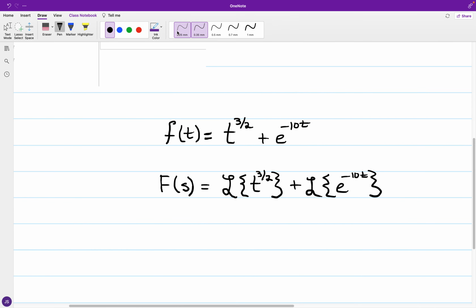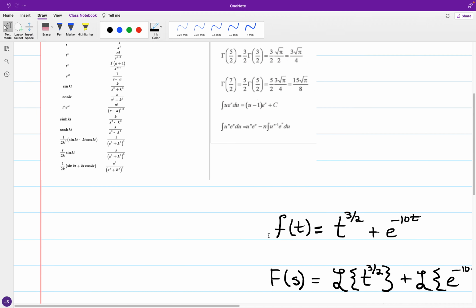For the Laplace of t to the 3/2, remember we use the gamma expression. In this case, we have gamma of 3/2 plus 1, which will be 5/2, all over s to the 3/2 plus 1, so s raised to the 5/2.